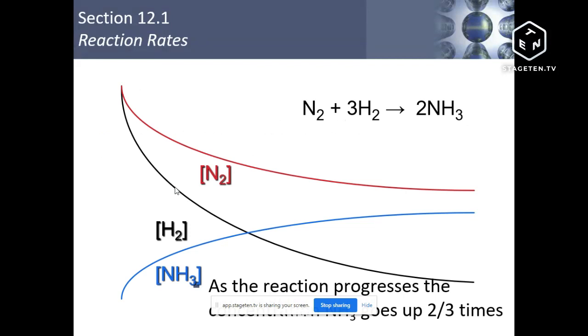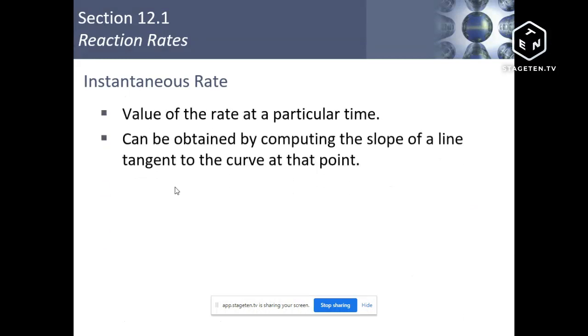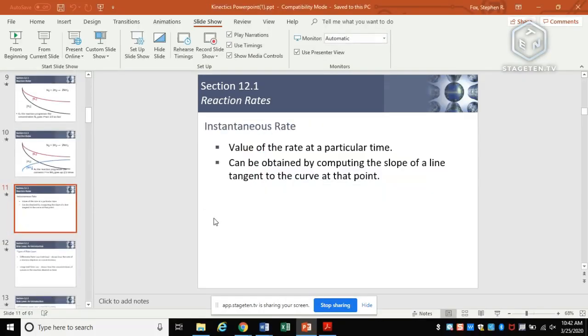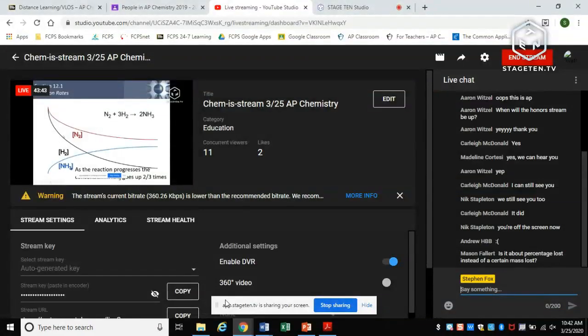Okay, does that make sense? Now you're not going to actually have to do that, but you have to explain it. So if you're asked for an instantaneous rate, the answer is get the slope of the line tangent to the curve. Okay, does that make sense? And that's your answer.